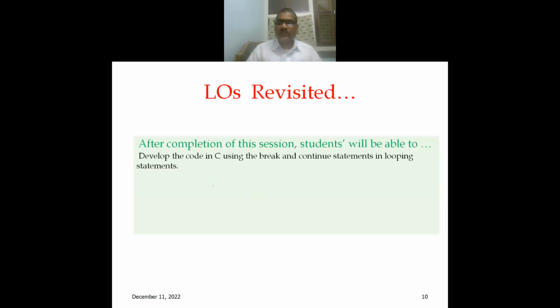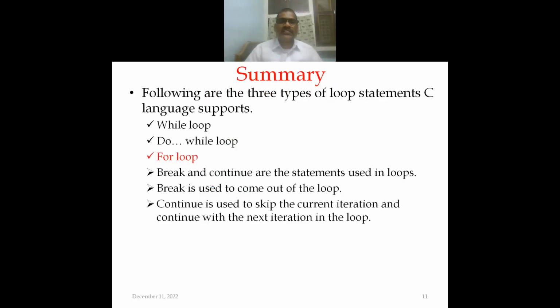After completion of this session, students will be able to develop code using C language, in which they can use break and continue statements in different types of loop statements. The summary of the session is that in C language, there are three important types of loops: the while loop, do while loop, and for loop. Break and continue are the two important keywords used in loop statements.